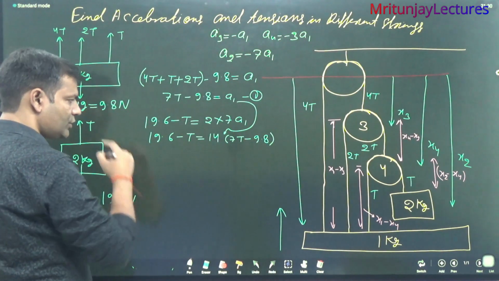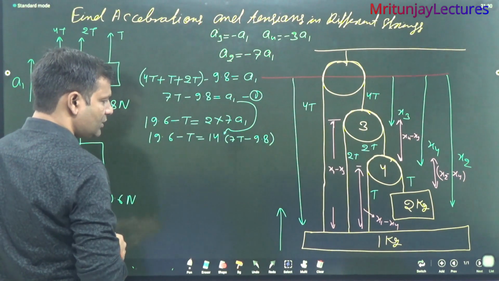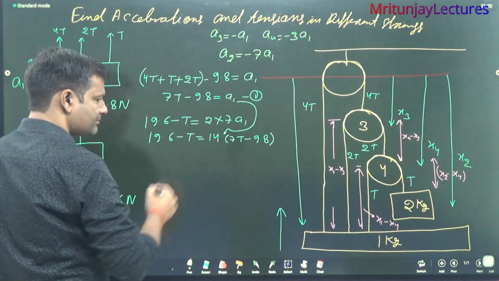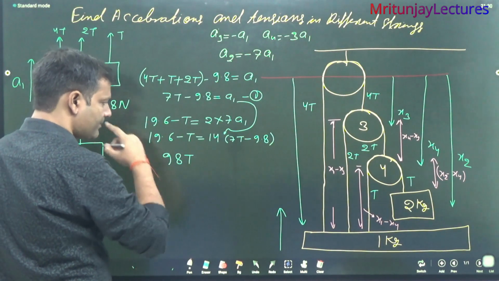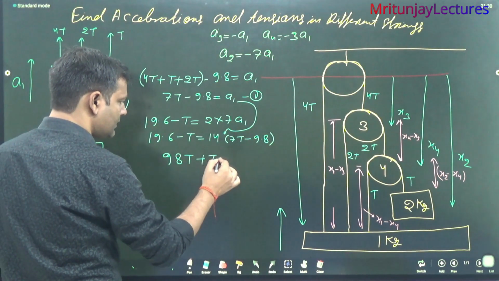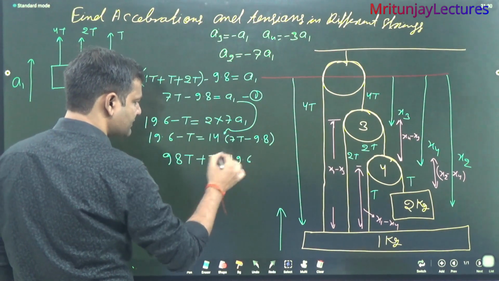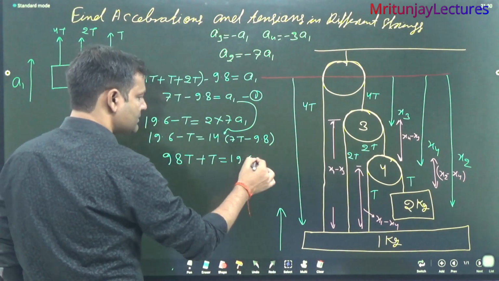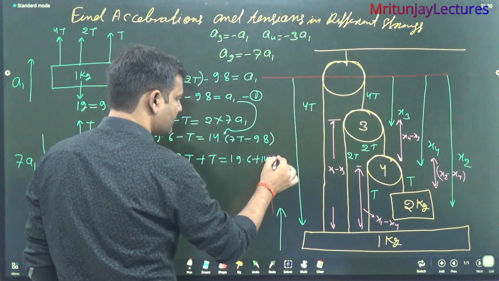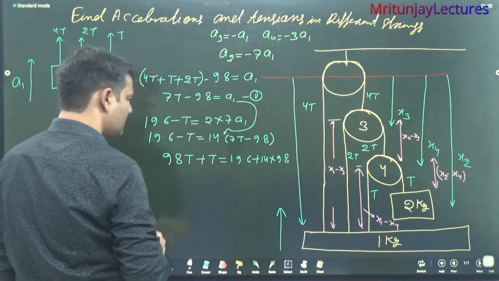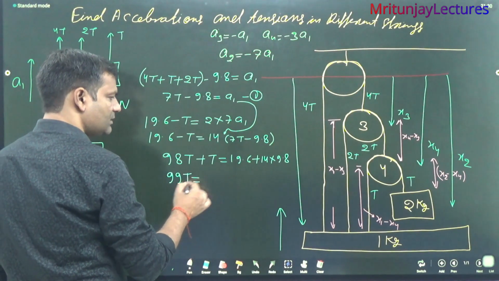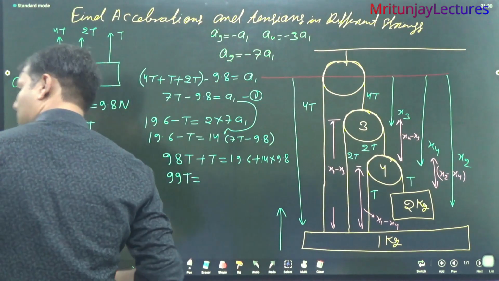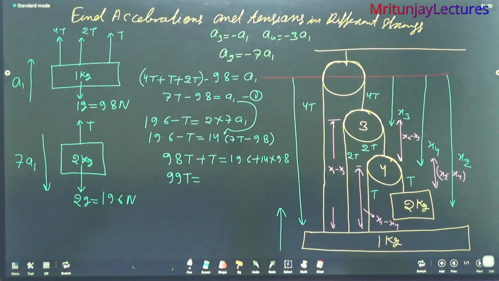Okay, so we got 98T plus T equal to 19.6 plus 14 into 9.8. So we got 99T equal to, you can use a calculator, then we get the answer.